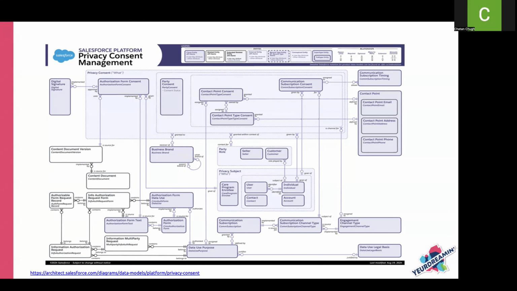Salesforce has made quite a bit of progress in bringing through elements around how you bring in the authorization forms, how you maintain and version them, on which basis you're collecting the data or the privacy consents, and how you ensure that they are connected to very specific legal usage purposes or legal usage bases.